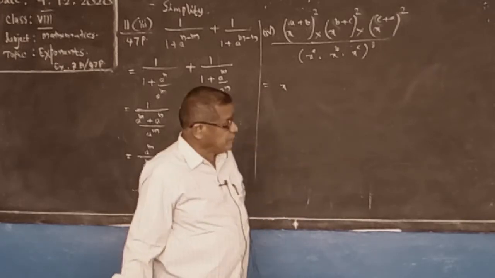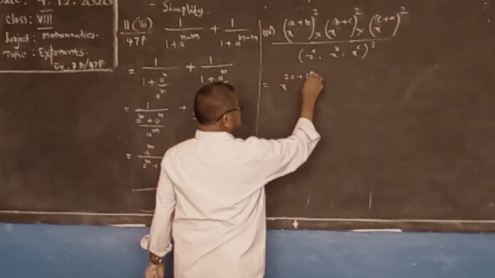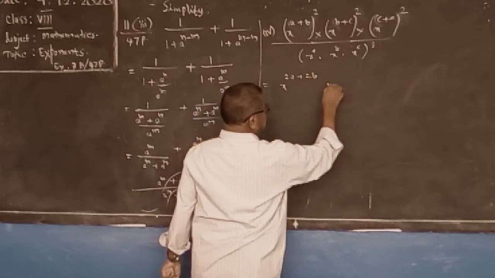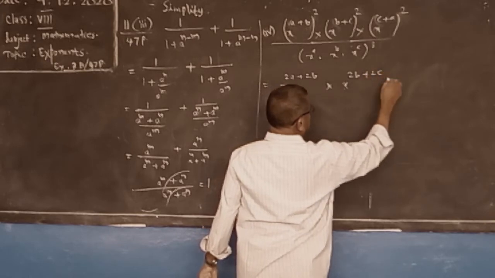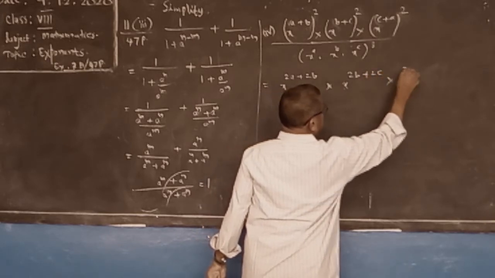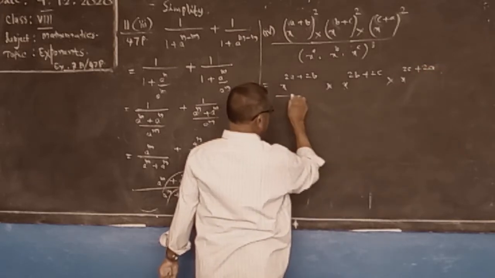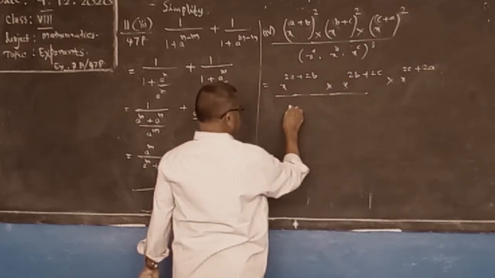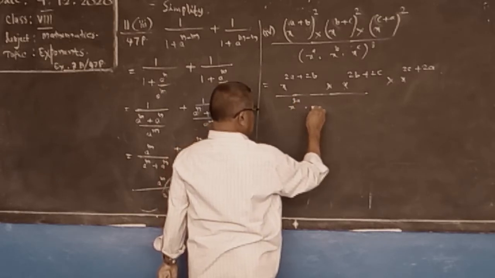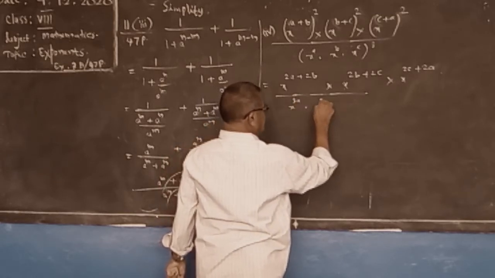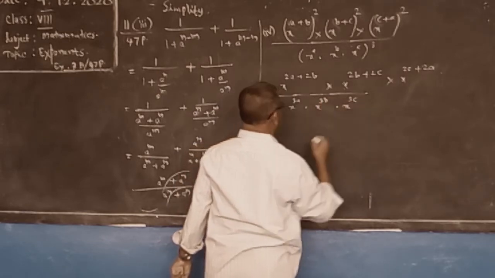So now multiply x power 2a plus 2b into x power 2b plus 2c into x power 2c plus 2a, whole by x power 3a into x power 3b into x power 3c.